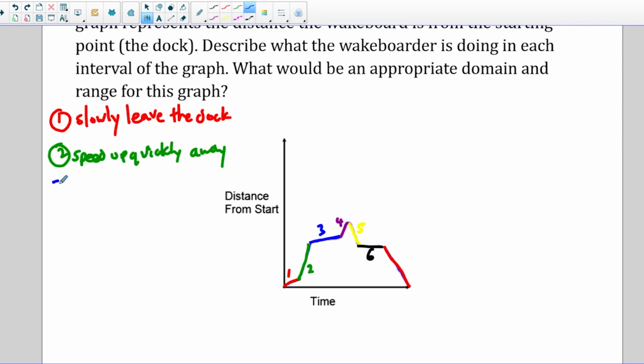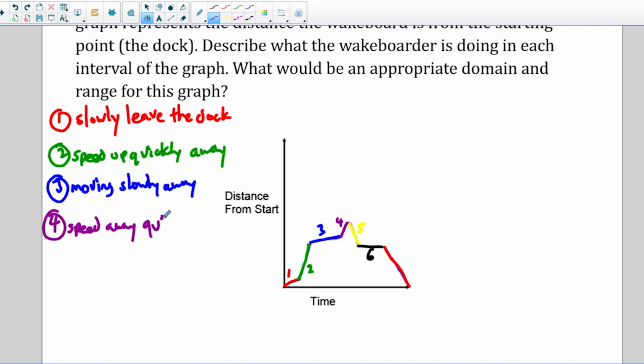In interval number 3, you are still moving away from the dock. And then in number 4, you speed up very quickly. Again, speed away quickly.